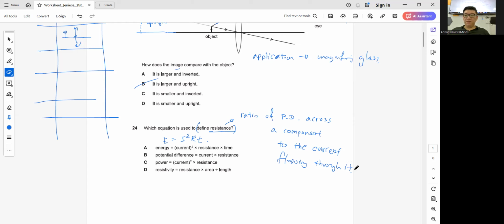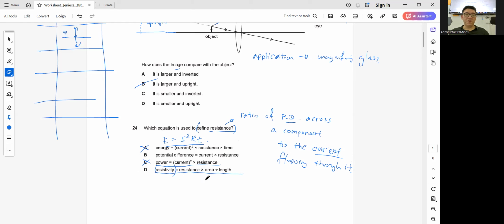So which one will give you the answer? If you look at this, it doesn't seem like there's potential difference. There's current, but even though this formula is correct, there's no mention of potential difference. So it's out. Again, for this one, the formula is correct, but no mention of potential difference. The last one, the formula is correct, but it's about resistivity.